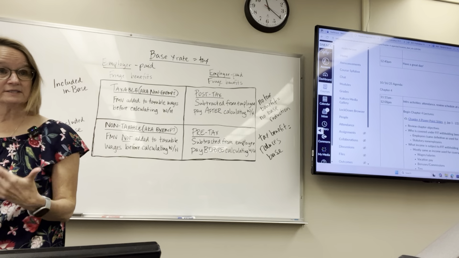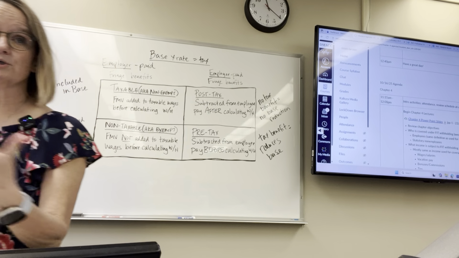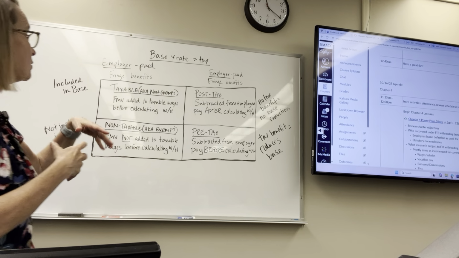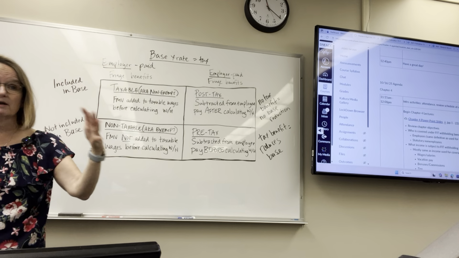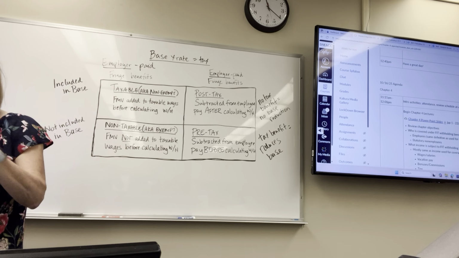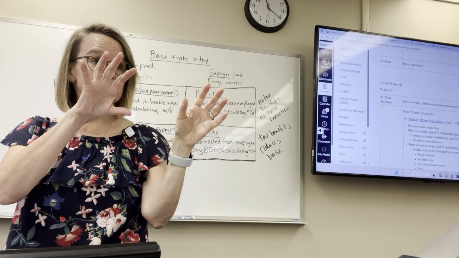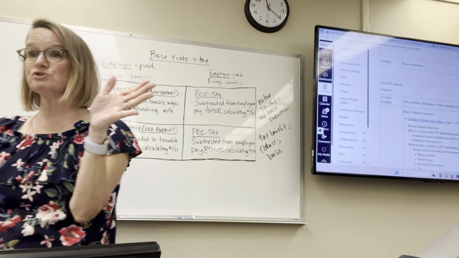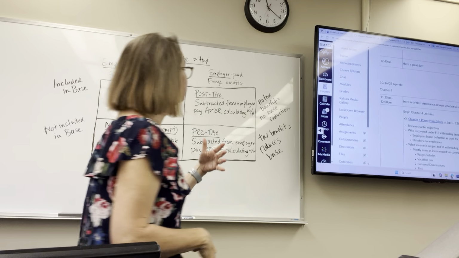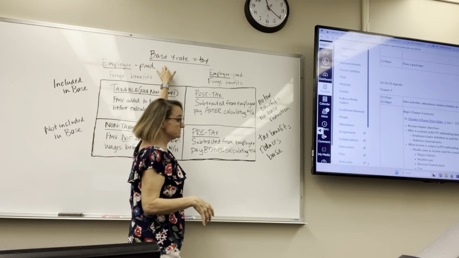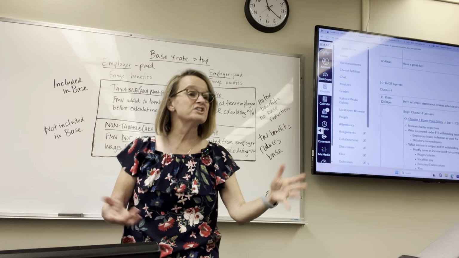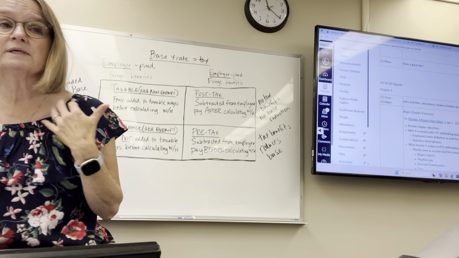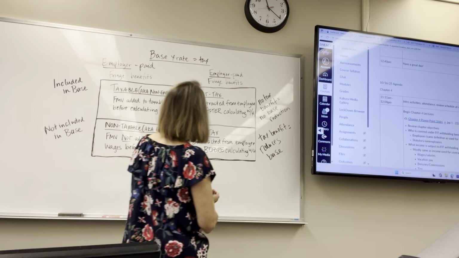Because one pay period you're getting some overtime and the other pay period you're not, and the hours are different. Or we could be paid on a salaried basis, and maybe for each individual employee it's going to be the same. If they're paid $2,000 every pay period, then that base is not really going to vary too much unless they get a bonus in one pay period or something special happens.